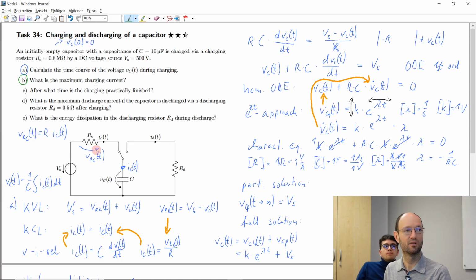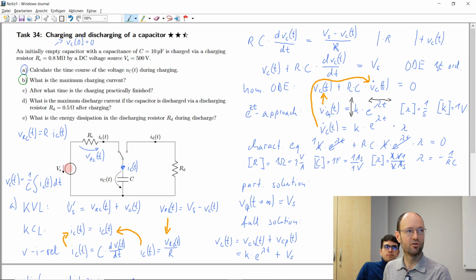So another rationale would be, so let's say at the beginning the switch would be open, the capacitor is initially discharged or is initially empty, and we close the switch to this side.